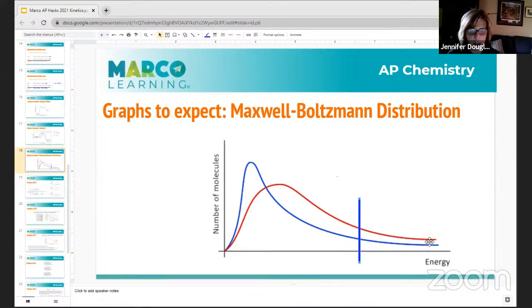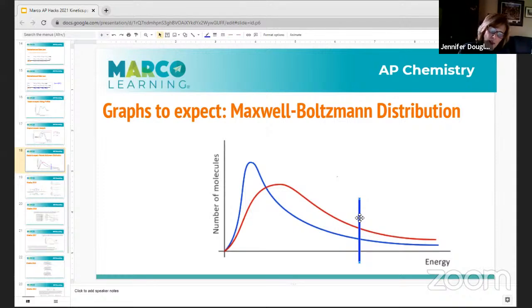So there's more of the red ones than there is of the blue ones. So more molecules have met that activation energy barrier. And so more of those collisions will result in a reaction. They'll collide either way, but more of the collisions will result in a reaction because enough of them will have the activation energy. So that's a Maxwell-Boltzmann one, and that's how it comes into kinetics.